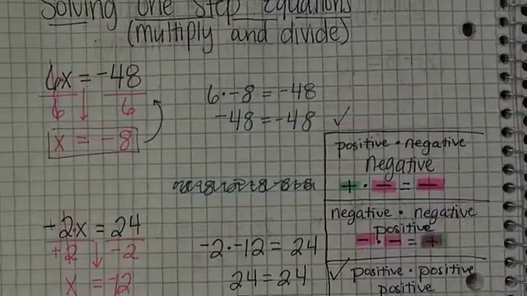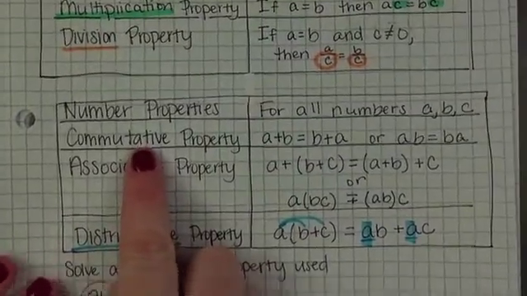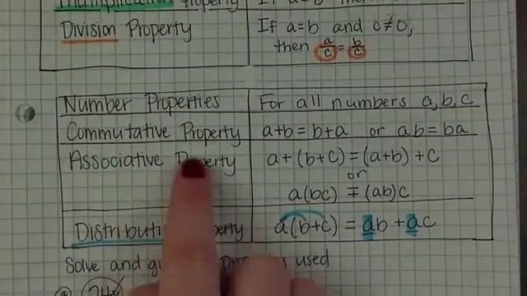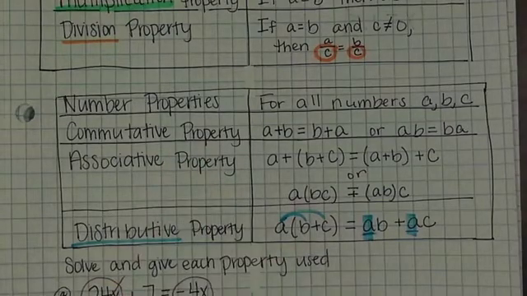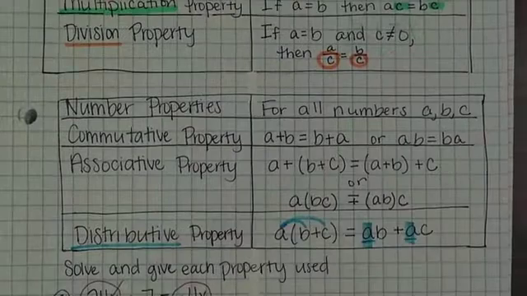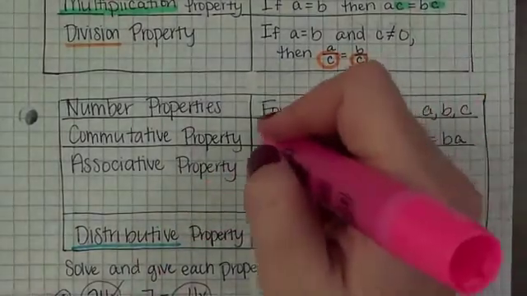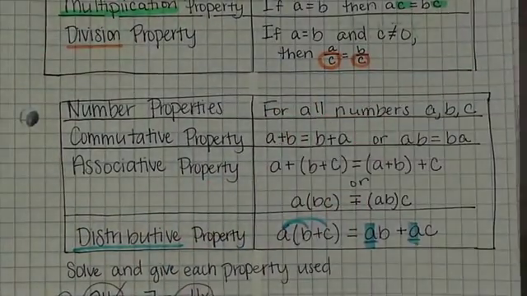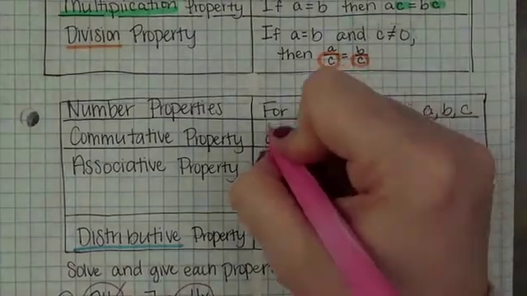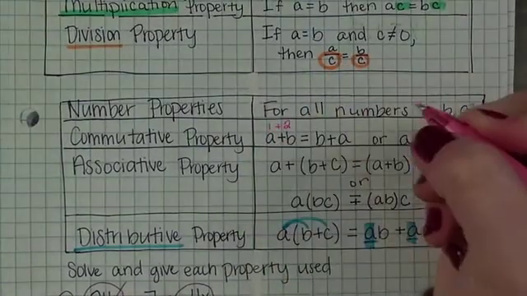I do want to go back and talk about the commutative property and the associative property, because those are the two that always seem to be the hardest. So if you look at this one, we have a plus b is b plus a. So if you think about 1 plus 2, 1 plus 2 is 3.